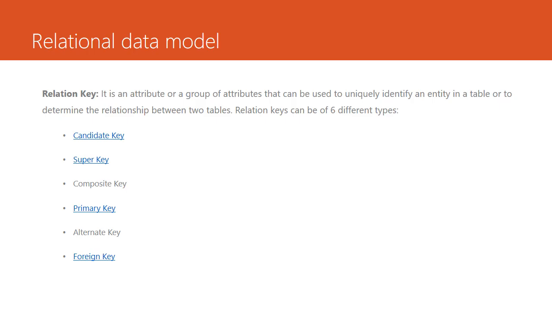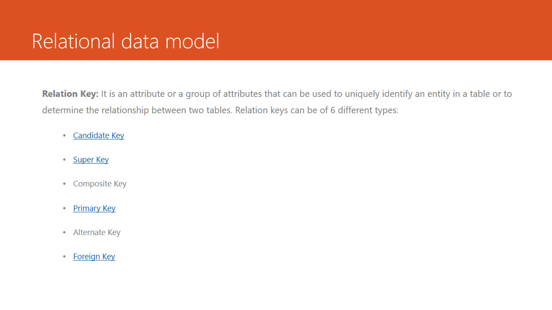Composite key: a combination of two or more attributes. Whenever the primary key consists of more than one attribute, it is known as a composite key. It is also called a concatenated key.